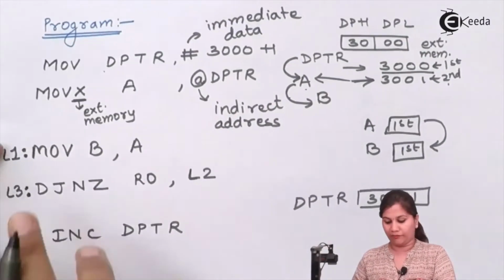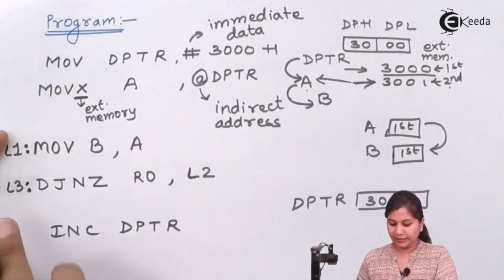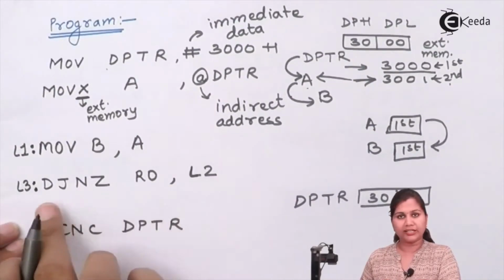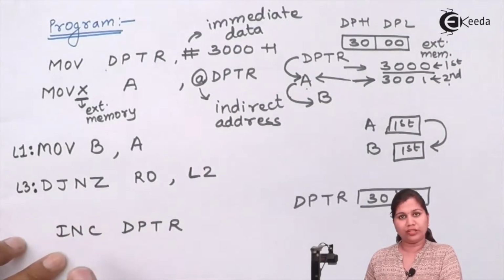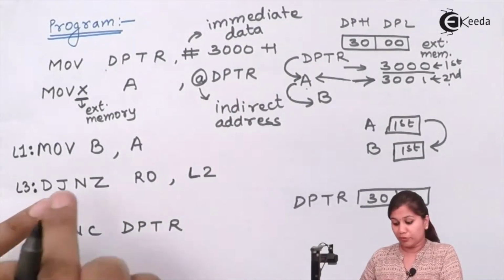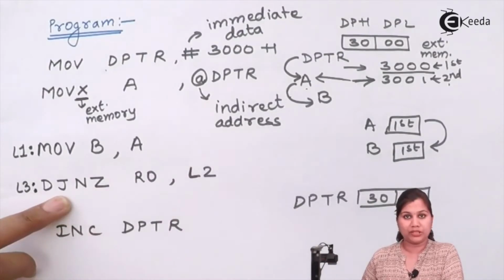Now, we have done the comparison again and again, decrementing the counter, and when the counter is not equal to 0, we are incrementing the pointer. Now, suppose that the counter has become 0.